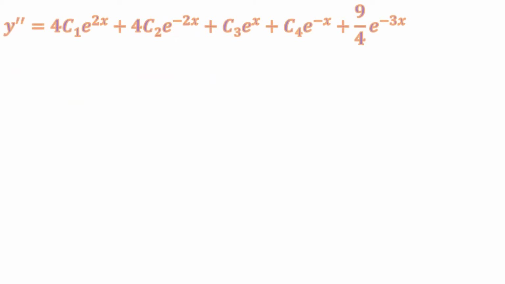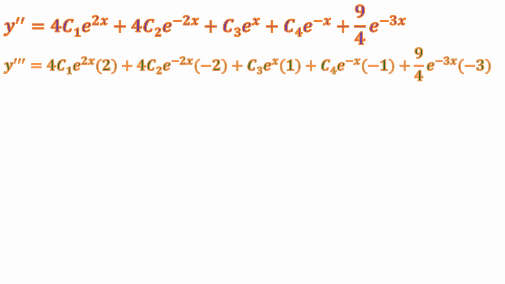Now let's have the second derivative, the y double prime, which we solved a while ago. And we need this to find the y triple prime, meaning we're going to get the derivative of this. So y triple prime will be, with the same procedure, itself times the derivative of the exponent. So that's going to be easy when you're deriving an exponential expression.